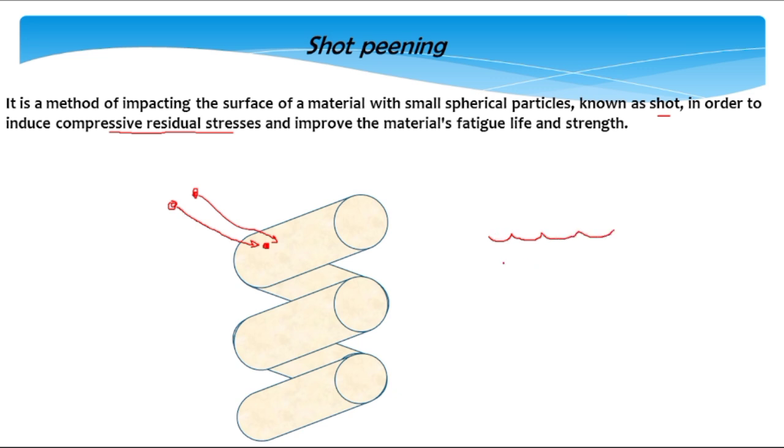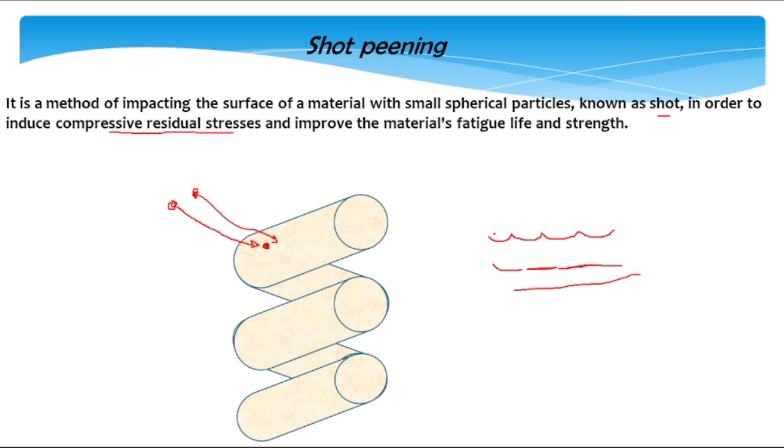But if they are overlapped as well, then what will happen? Let's say these two are overlapped, and then another one is also overlapped, and then another one. So what will happen? It will produce a straight smooth surface.